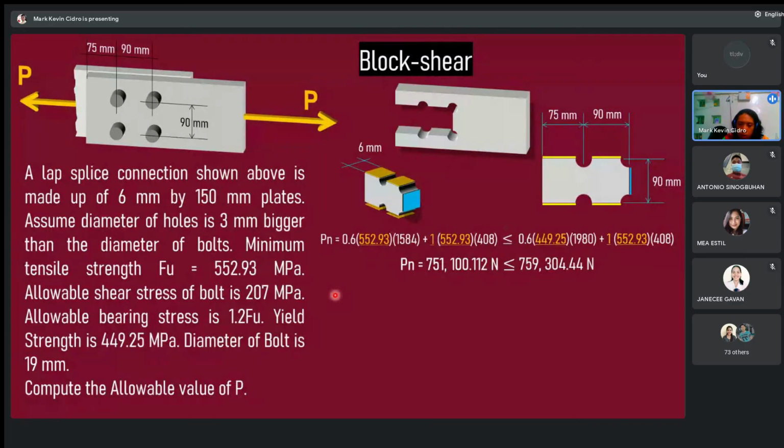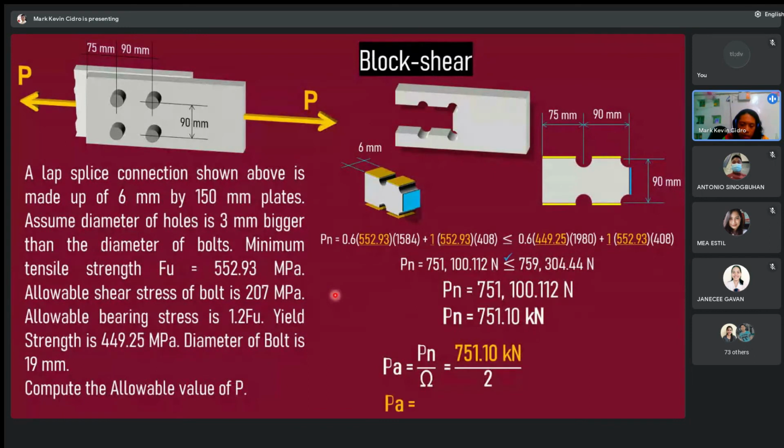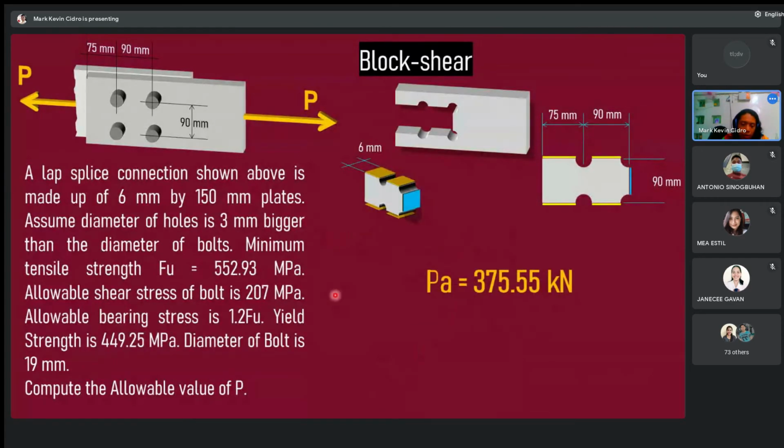So, lesser than man niya, so okay. Di ba? So, itatake natin ang PN equal to 751,100.112 Newton. This is not yet the answer because we still need to solve for PA. PA therefore is equal to 375.55 kilonewton. And this is the final answer for this instance.